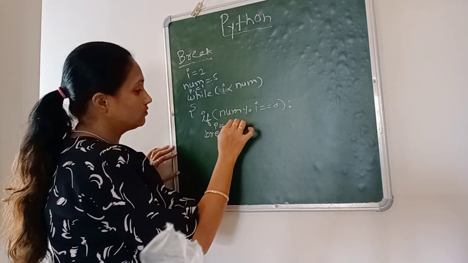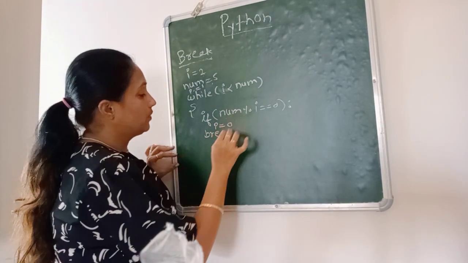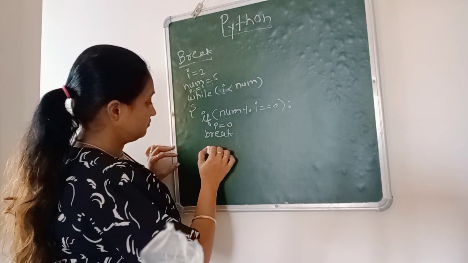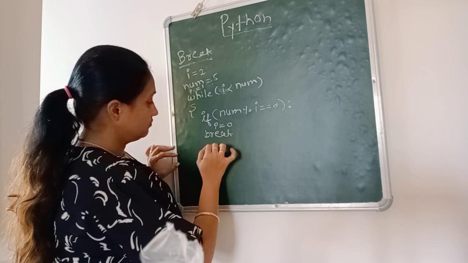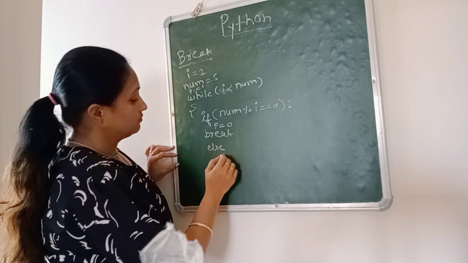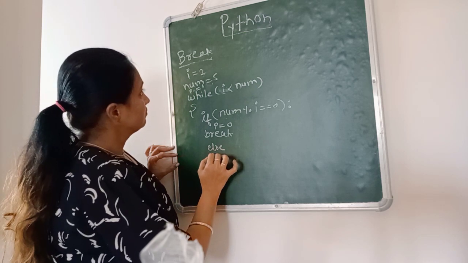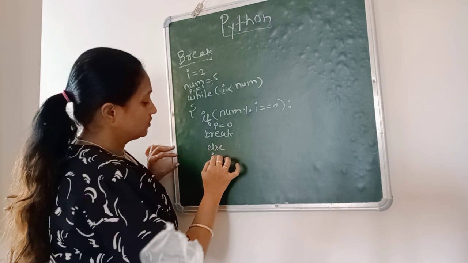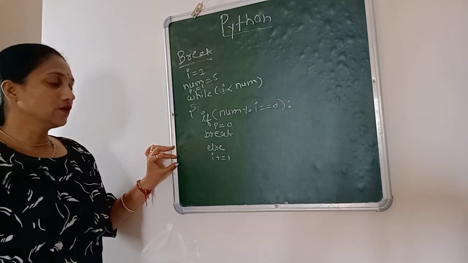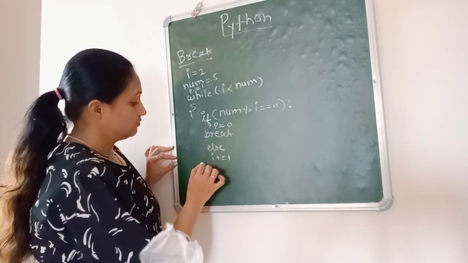So p equals to 0, then we'll apply break. And in the else part we'll write I plus equals to 1, that is we'll increment the loop iterative variable by 1.